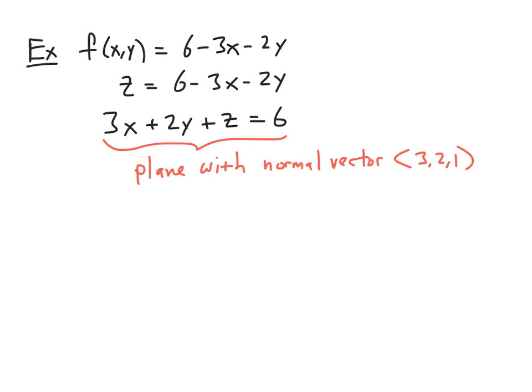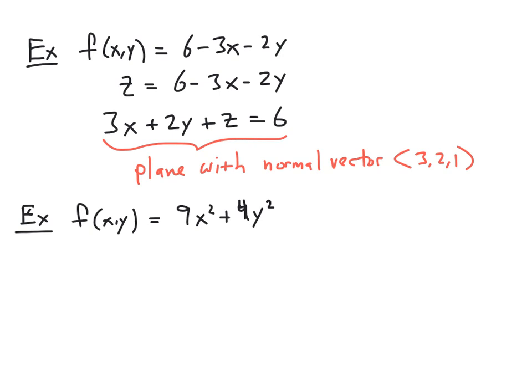Of course, that's not always going to work. For example, if I had the function f of xy equals 9x squared plus 4y squared, even if I replace the f of xy with z and rearrange this in however many different ways I wanted, I would never recognize what this shape is, because we haven't looked at this particular type of graph before.